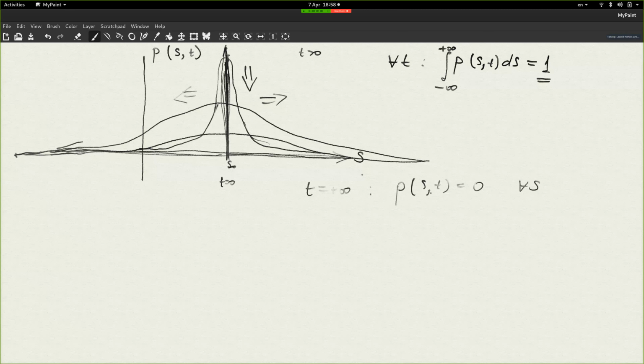And yet still, the integral from minus infinity to plus infinity of this function will still be equal to 1. This integral is 1 for each and every time t. So the Fokker-Planck partial differential equation describes the evolution of the probability mass.